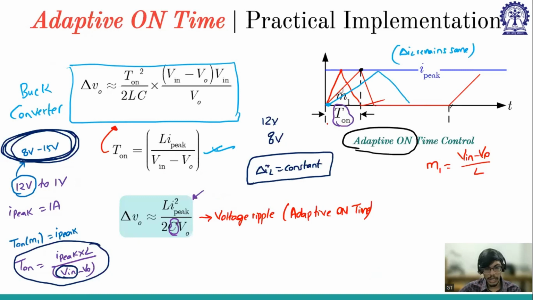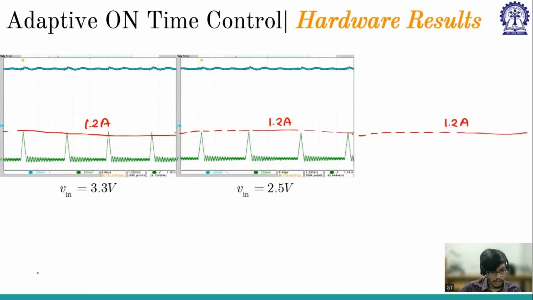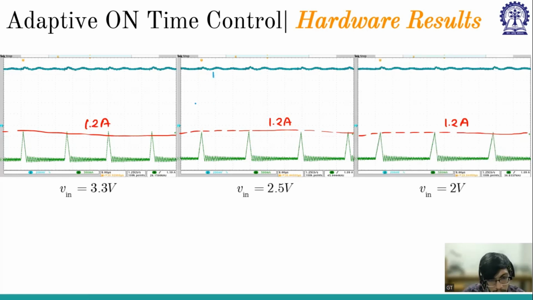I'll draw this diagram again here. Say my I peak is constant. Now I'll consider three scenarios. One is like this. So this is the on time. And say if Vin is increased, then the slope will increase.